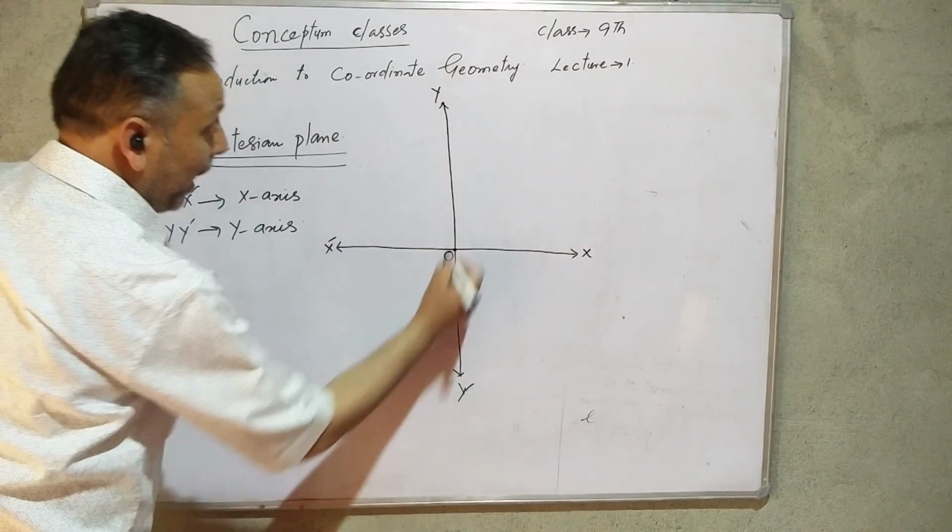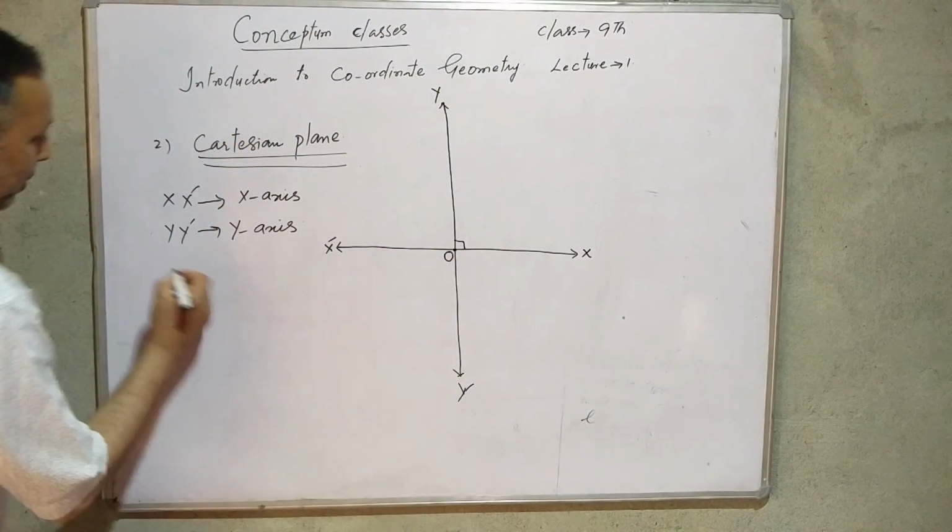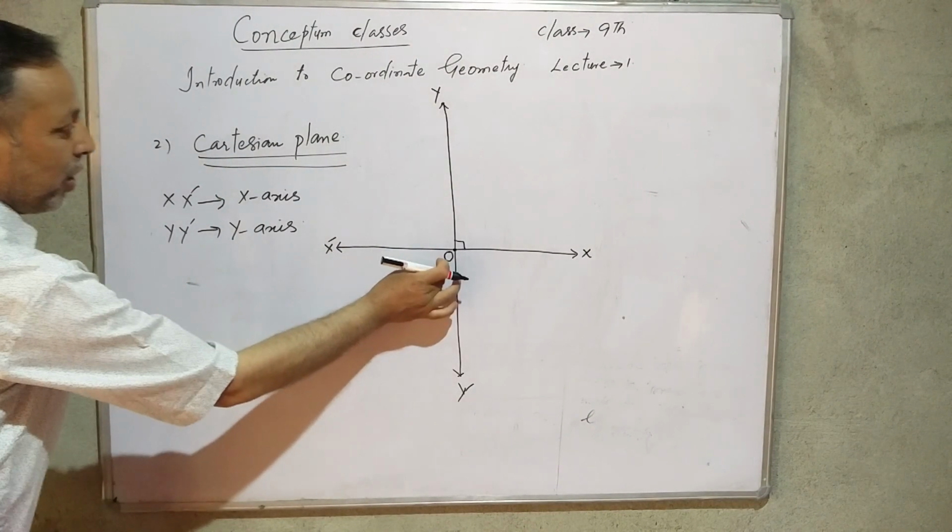They intersect each other at right angles. This point is known as origin.